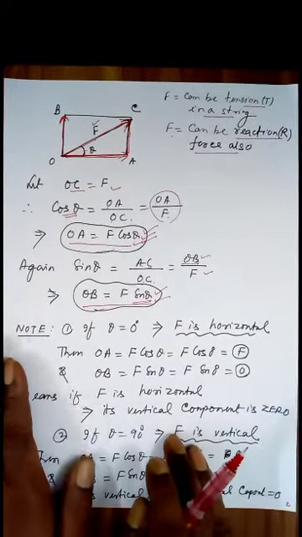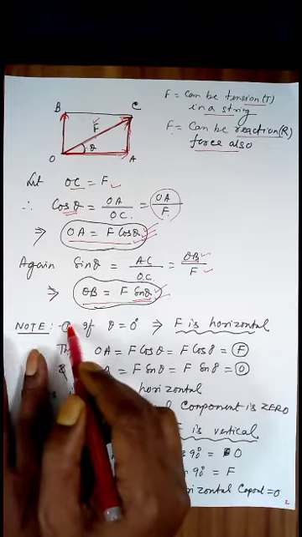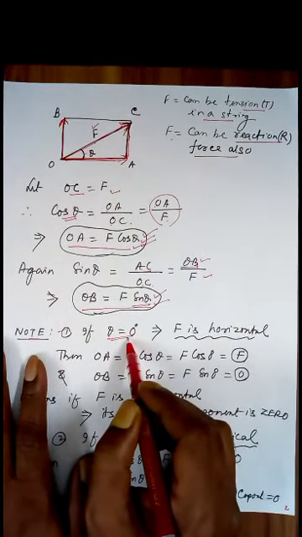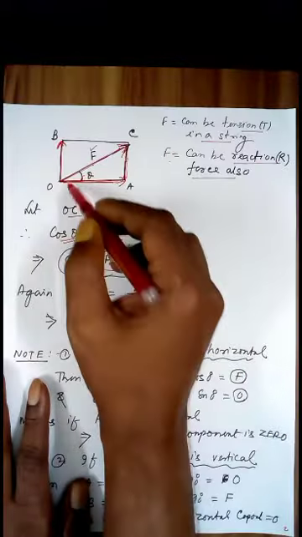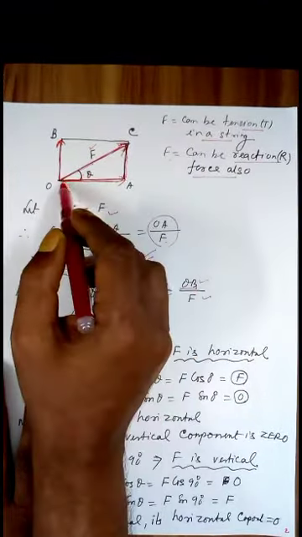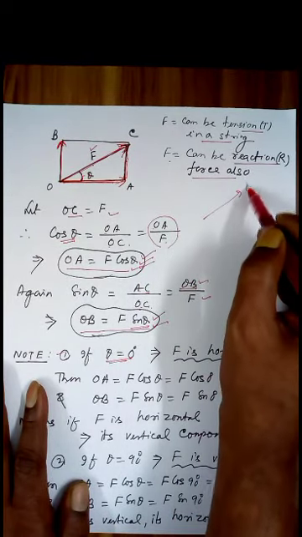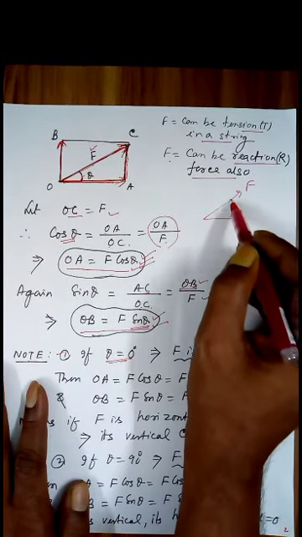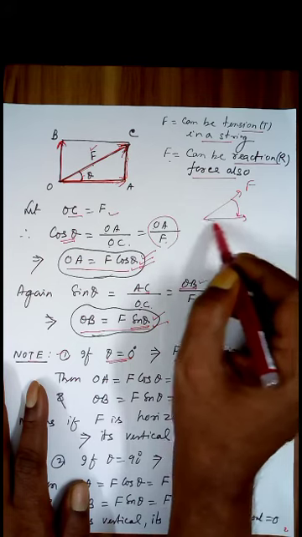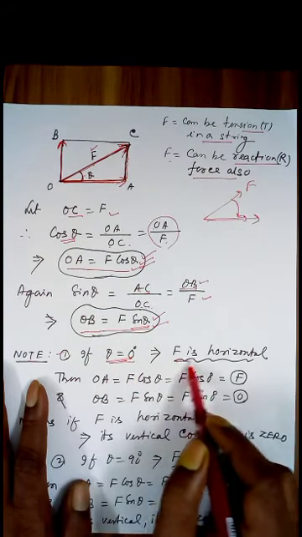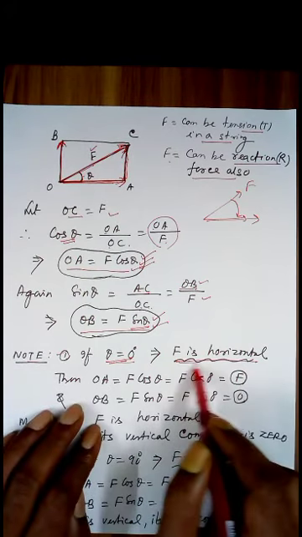Now a little more understanding. Note 1: if theta is equal to 0 degrees, this force F is not like this, it is like this. So if F is like this, then theta is equal to 0. So theta is 0 means the force is horizontal.